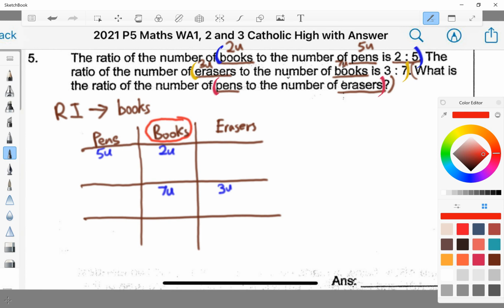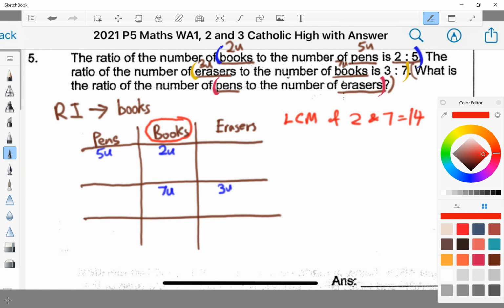Make the units for the books the same by finding lowest common multiple, which is none other than LCM. In this question, the LCM of 2 and 7 is 14. So we got to turn the units for the books into 14 units, whether it is for the first row or for the second row.